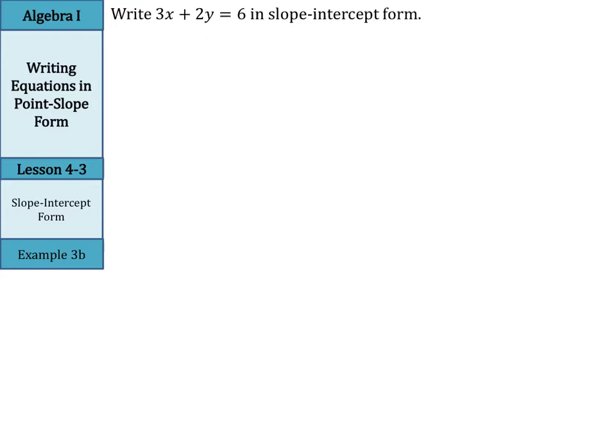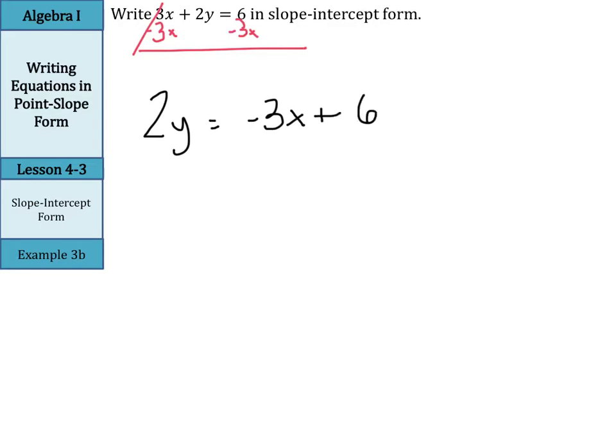Write 3x plus 2y equals 6 in slope-intercept form. Well, we need to isolate our variable. We need to get our y alone. So let's get this 3x and move it on over. If I subtract 3x from both sides, it cancels out, and I'm left with 2y equals negative 3x plus 6.